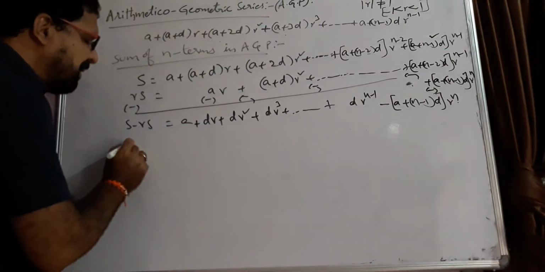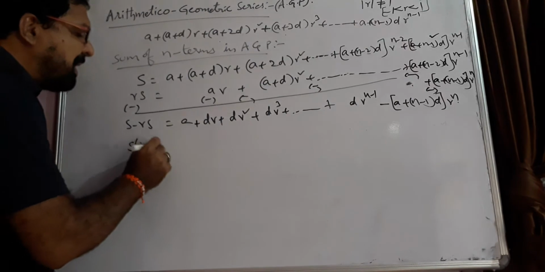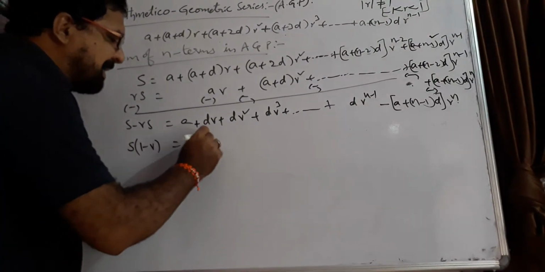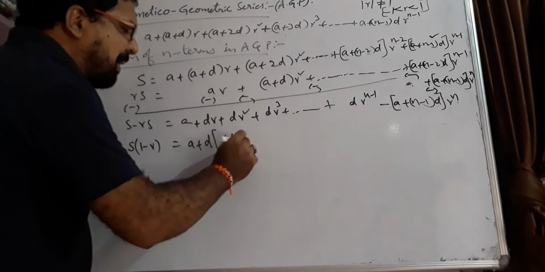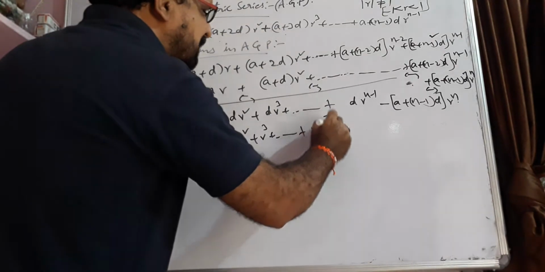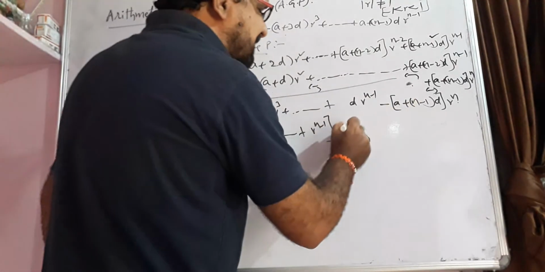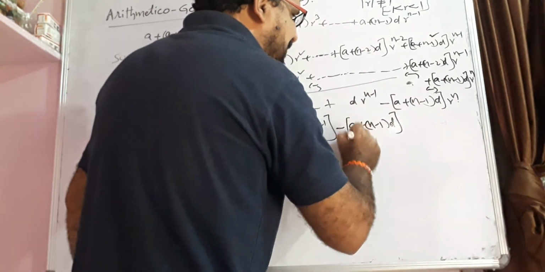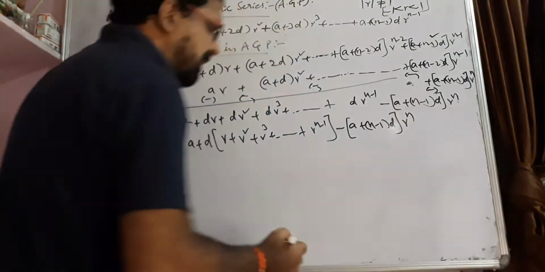So here, taking s as common, 1 minus r is equal to a plus, take d as common, r plus r square plus r cube and so on, plus r power n minus 1, and minus this additional term, a plus n minus 1 into d of r power n.